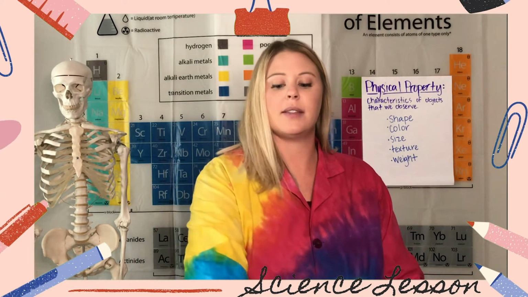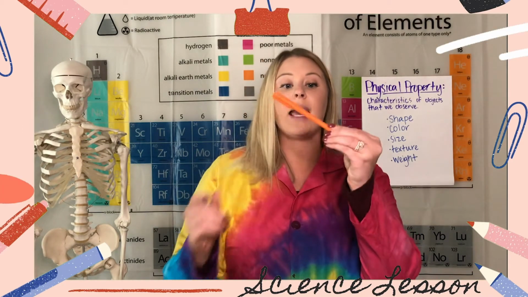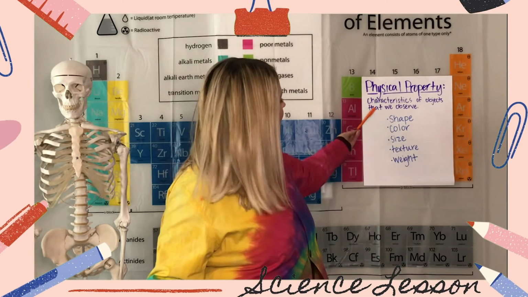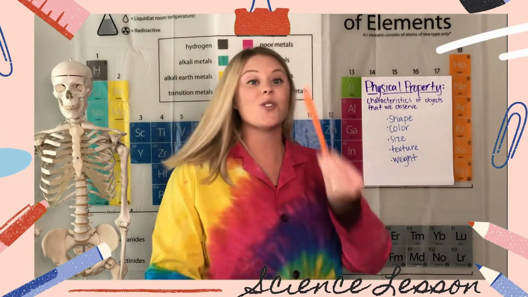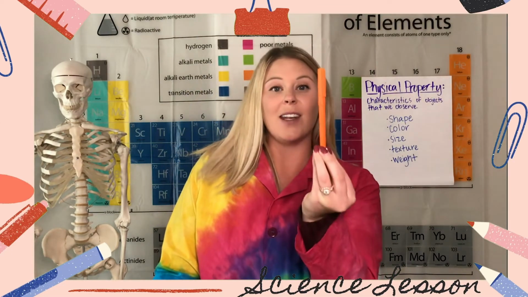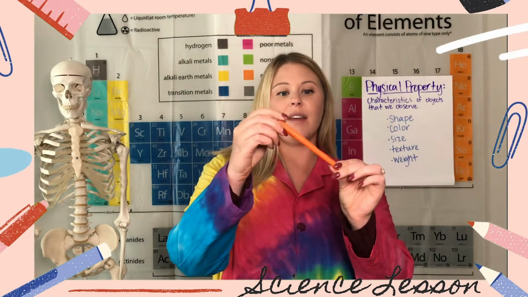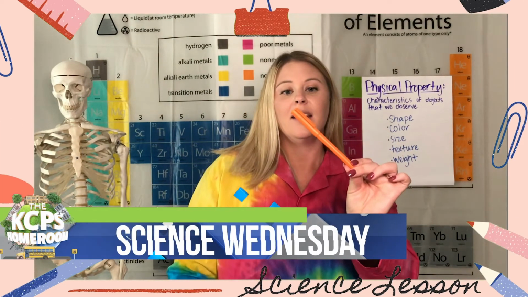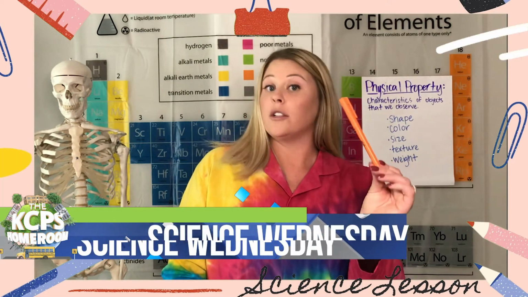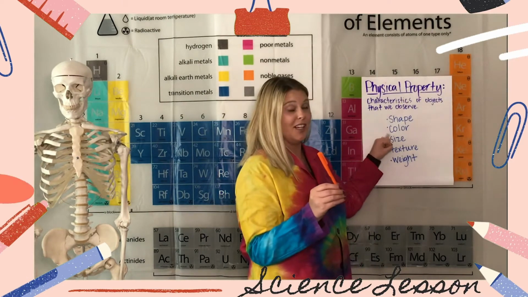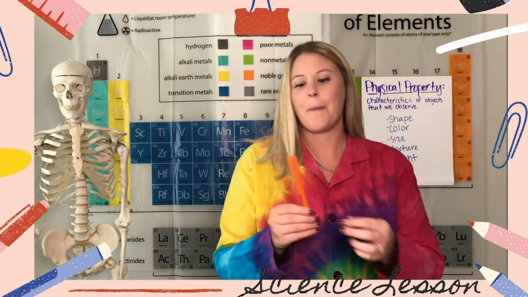We'll start with this. Scientists, this is a pen. Now, are there any physical properties that we can describe of this pen? What do you think? If you said the pen is orange, by describing the color of it, you're correct.